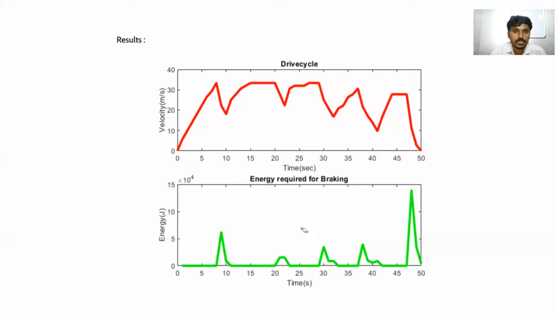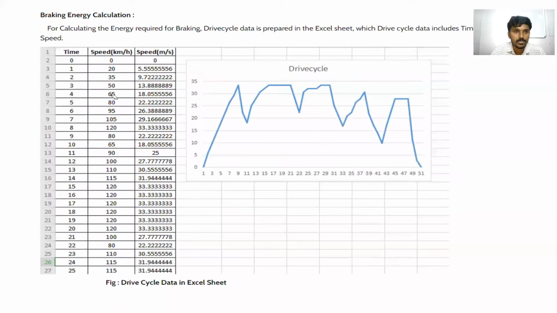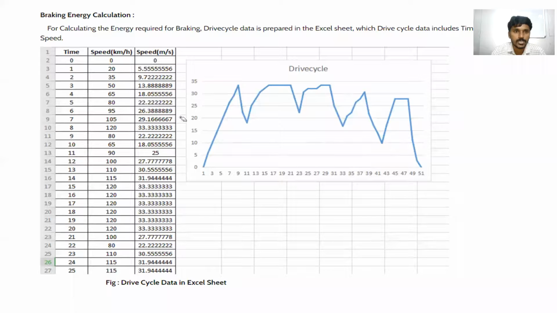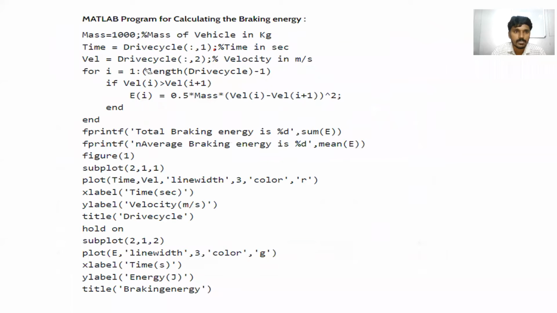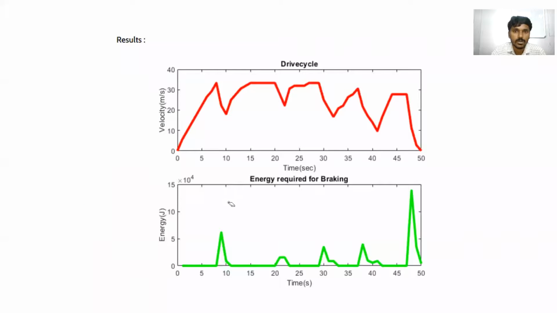Clear? So you can practice this program in MATLAB. Take a screenshot of this program and try to enter it in MATLAB and give some data. You can give any values in an Excel sheet. I have given the procedure. This file should be imported in MATLAB, then enter this program, and you can get these graphs.